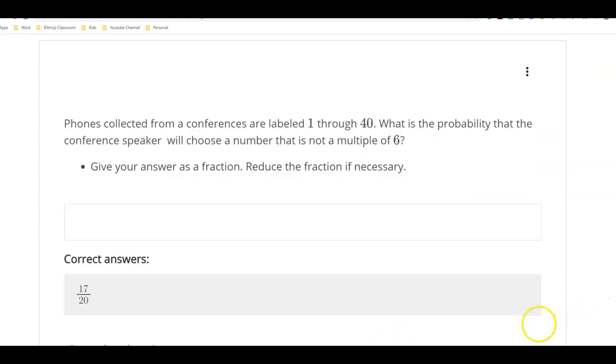Let's go ahead and read this problem first. It says, phones are collected from conferences and are labeled 1 through 40. What is the probability that the conference speaker will choose a number that is not a multiple of 6? So phones are labeled 1 through 40. Let me go ahead and label them for you.